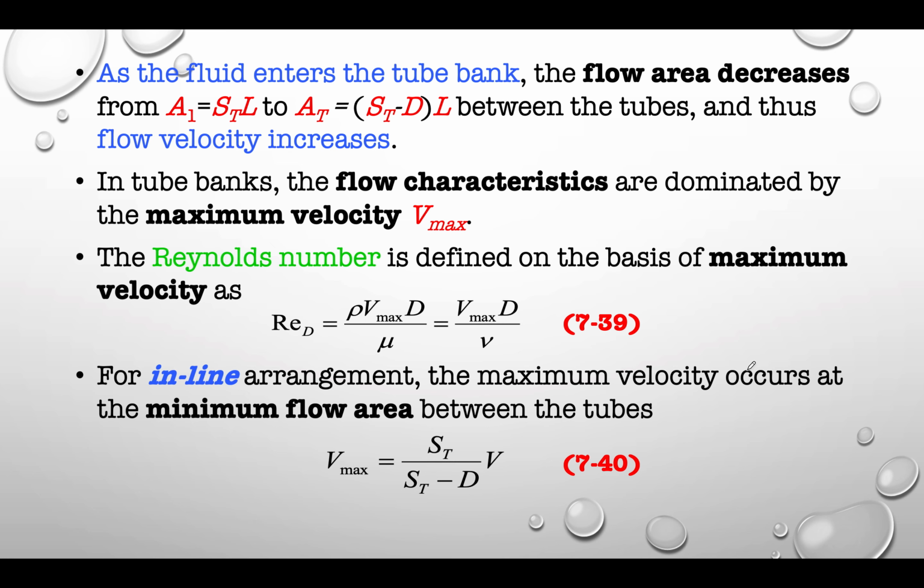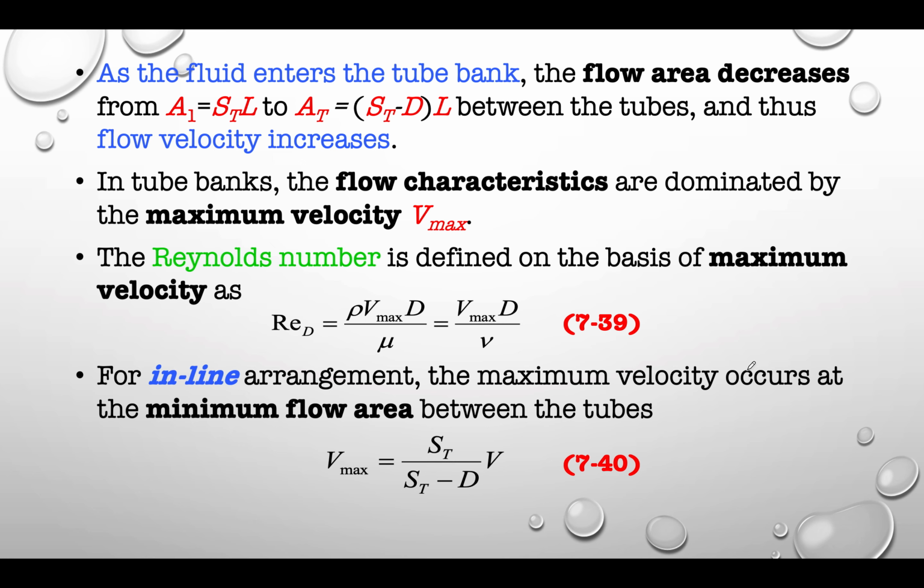As in the previous video, in my slide video, I already explained that we want to find the Reynolds number for a tube bank. We have to determine the V maximum for the flow, and to determine the V maximum, we have to determine whether the arrangement of the tubes is inline or staggered.